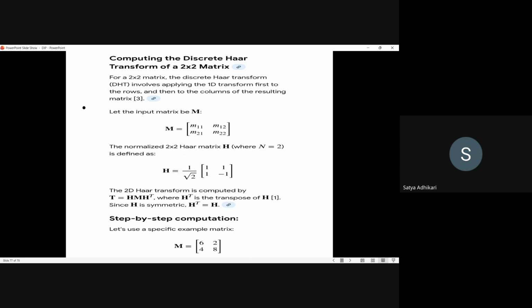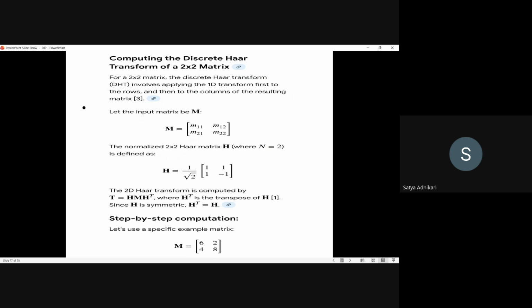The 2D Hart transform is computed by T equal to H M H transpose, where H transpose is the transpose matrix of H. We know that the transpose of a matrix is obtained by interchanging rows into columns and columns into rows.